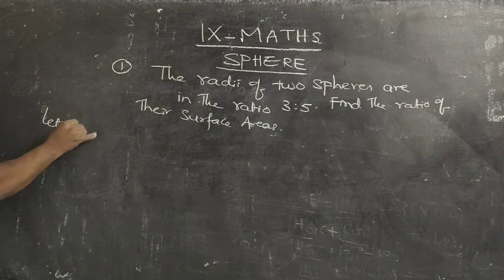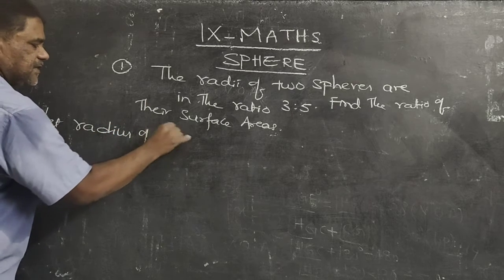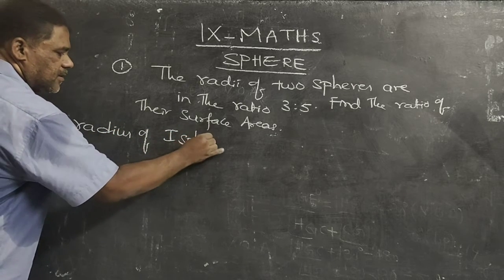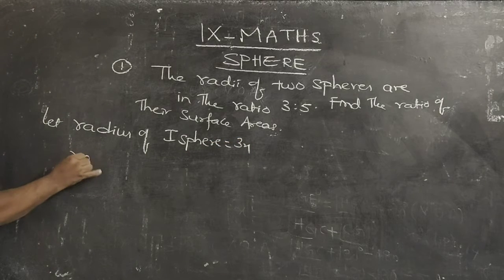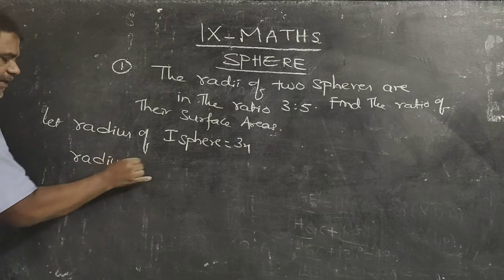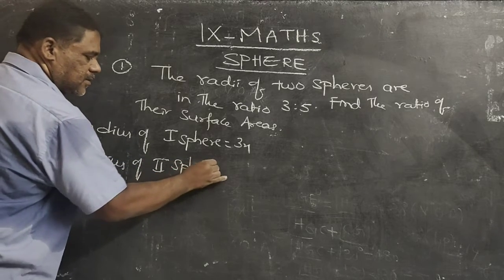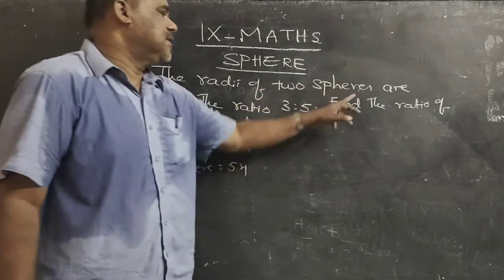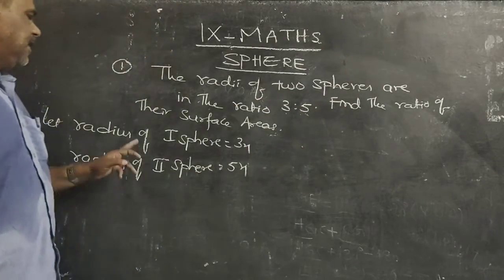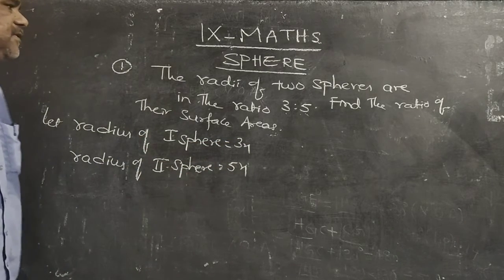So let the radius of the first sphere be 3x and the radius of the second sphere be 5x.